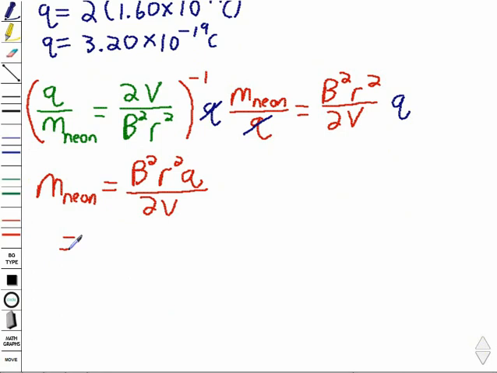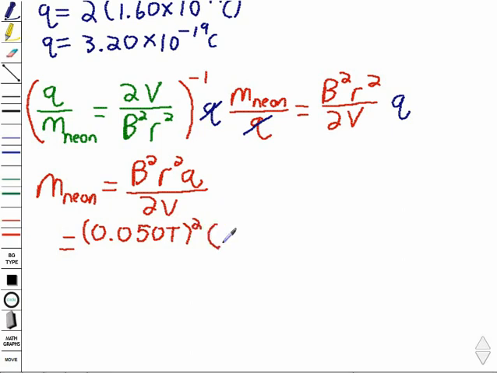If we plug our numbers in, our field strength was 0.050 teslas. Don't forget to square that.